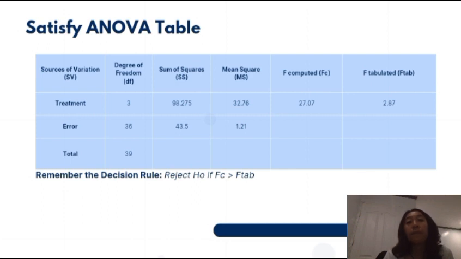And then, since we already have our F computed, which is 27.07, and our F tab is 2.87, we have to remember the decision rule. So what is the decision rule? It is to reject the null hypothesis if F computed is greater than F tab.